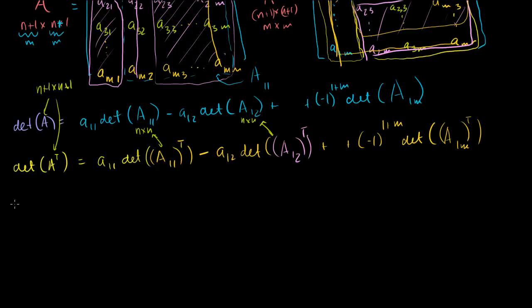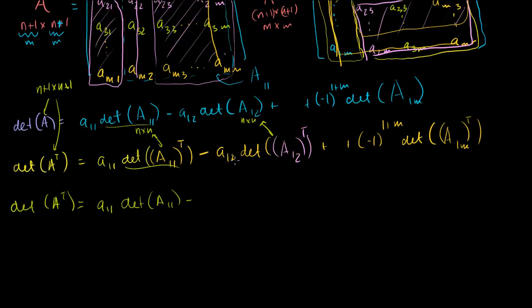So we can then say that the determinant of A transpose is equal to this term, A sub 1,1, times this. But this is equal to this for the n by n case. Remember, we're doing the n plus 1 by n plus 1 case. But these submatrices are one dimension smaller in each direction. Each has one less row and one less column. So these two things are equal. So instead of writing this, I can just write this: times the determinant of A sub 1,1.